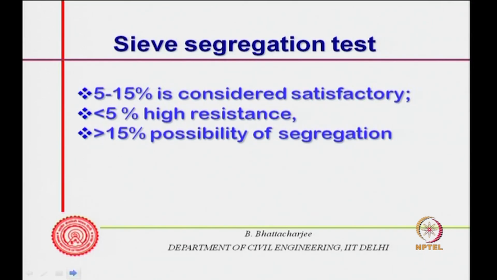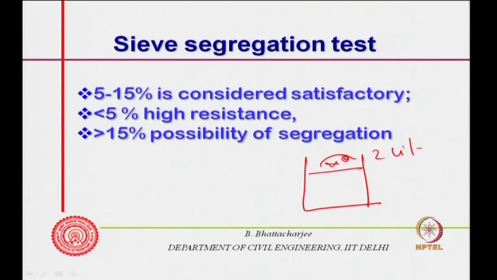First of all, you have taken only the top 2 liters. If it contains a lot of fines and not larger material, it is segregating. But if it is not segregating, larger materials will also be there, so that is resistance to segregation.